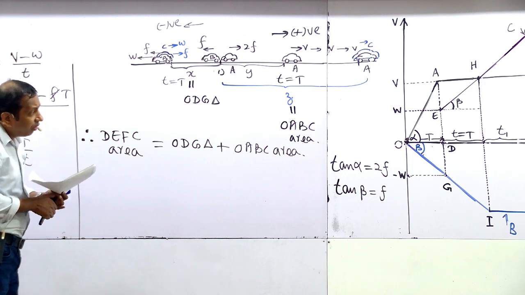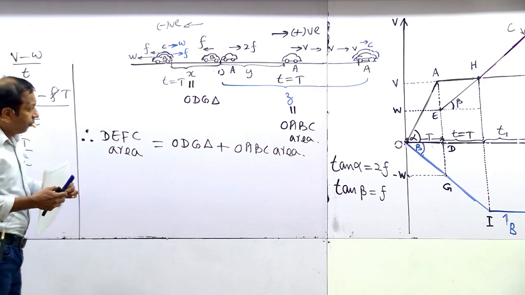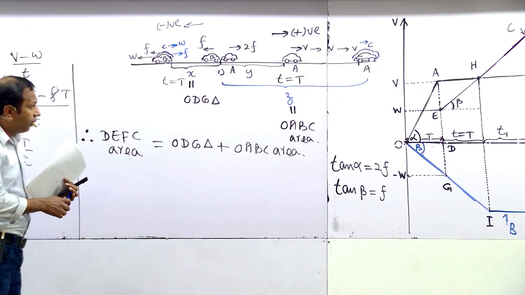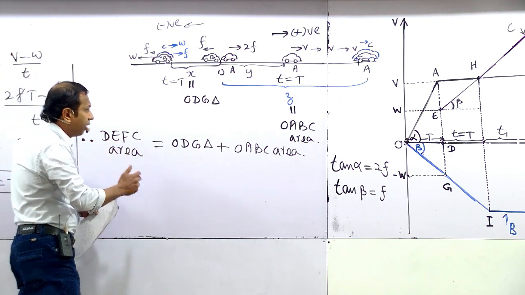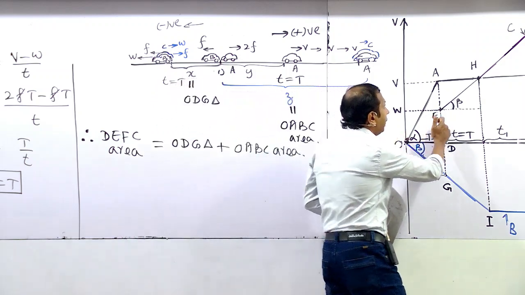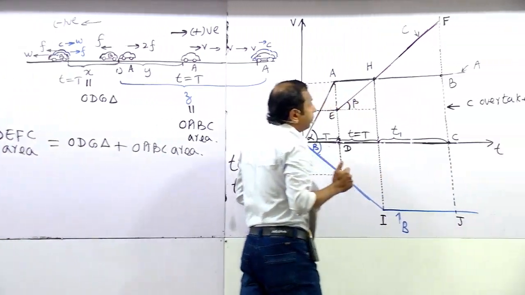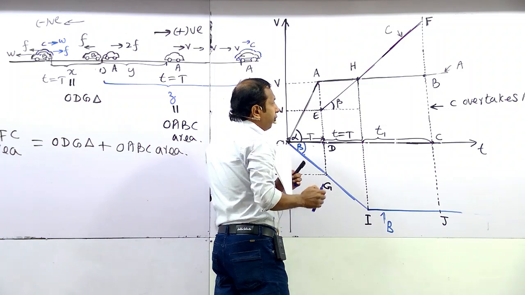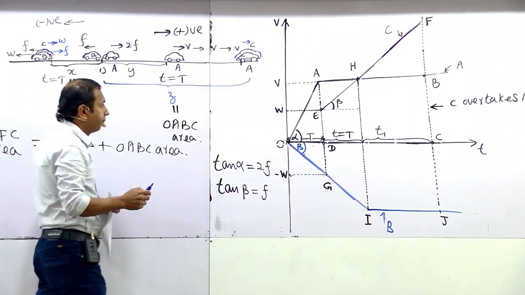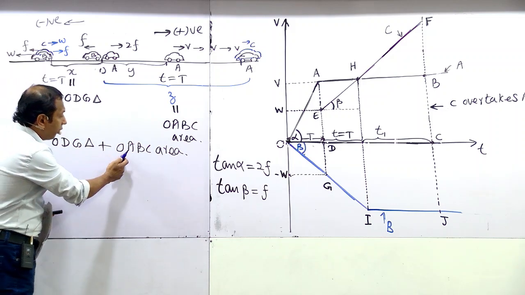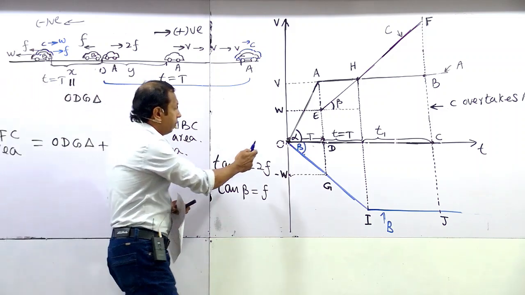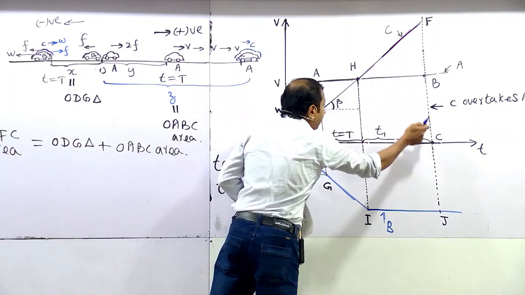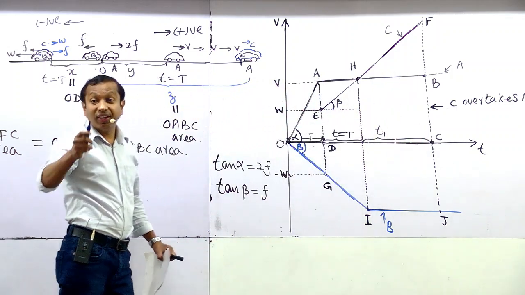People, now you can see on the left hand side, DEFC area means this, no? And on the right hand side, OABC area. There is a common area.